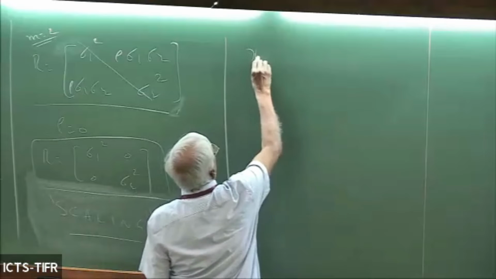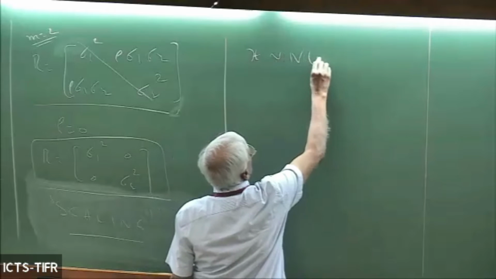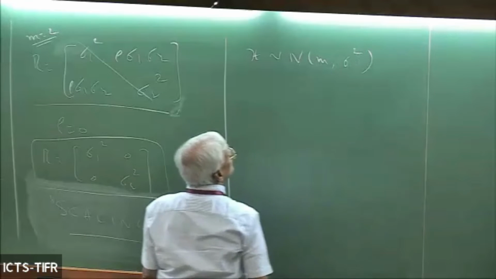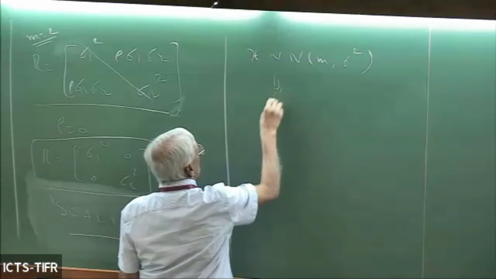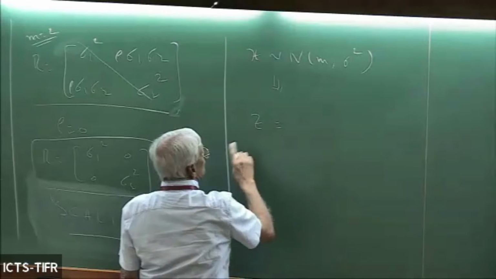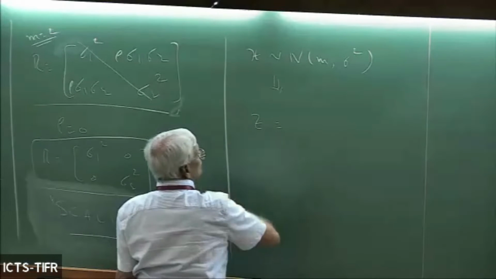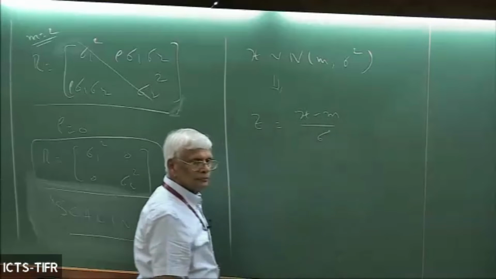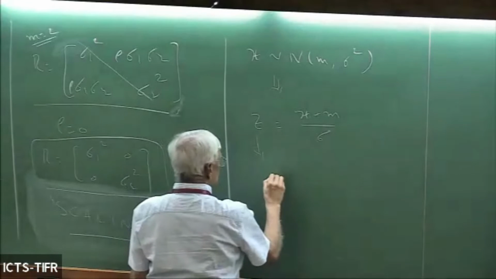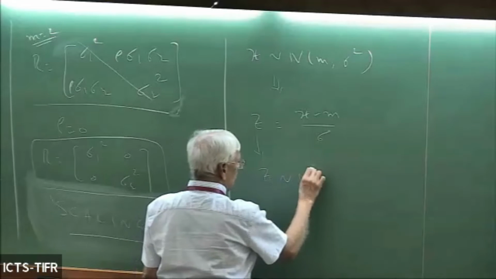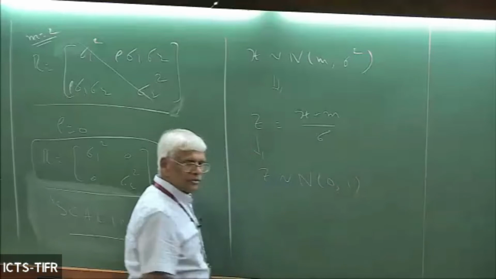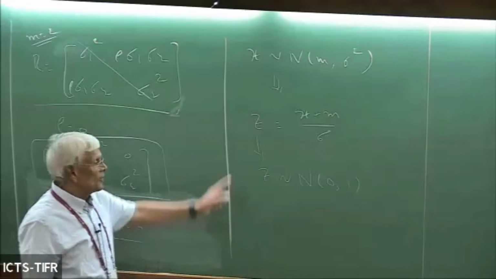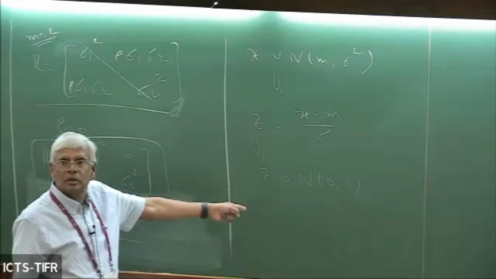So what is one way of scaling? If x is a normal random variable with mean 0 and variance sigma square, how do I scale it? I'm scaling it to z, which is not the same as the other z. This is the standard z we use: z equals x minus the mean, divided by sigma. And this z is also normally distributed with 0 mean and unit variance. How many of you remember this?